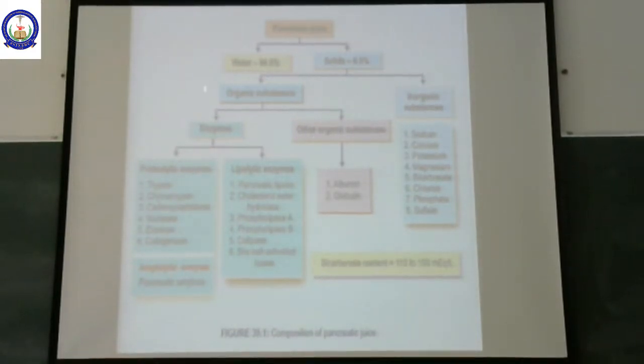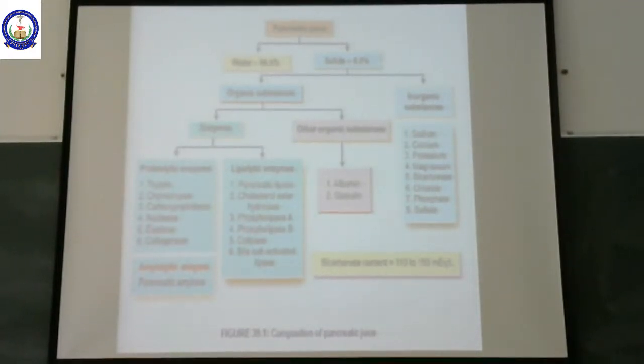Remember, pancreatic juice has abundant amounts of proteolytic and lipolytic enzymes. Various types of enzymes are present. Whereas there is only one amylolytic enzyme, that means only one enzyme which breaks down carbohydrate.